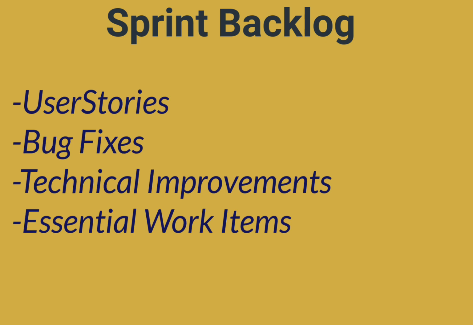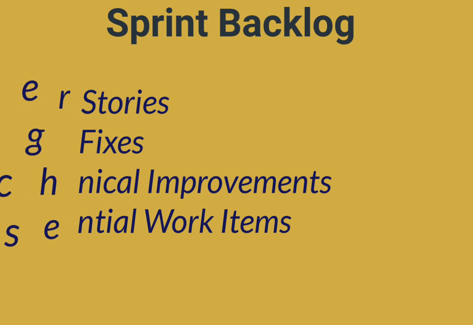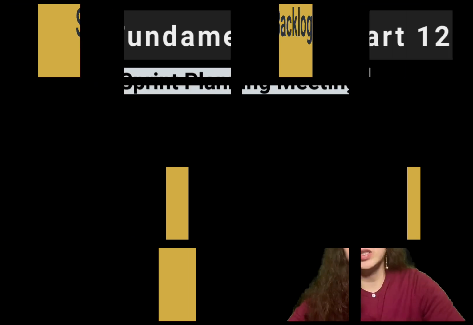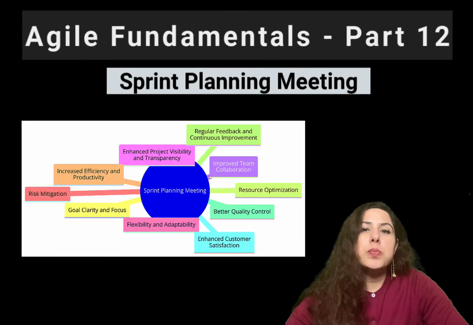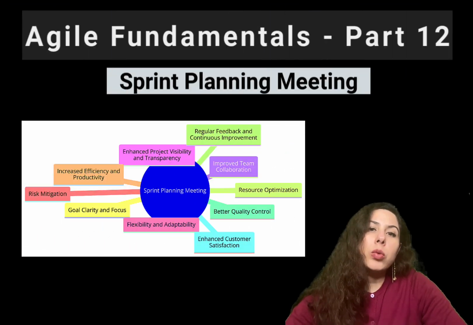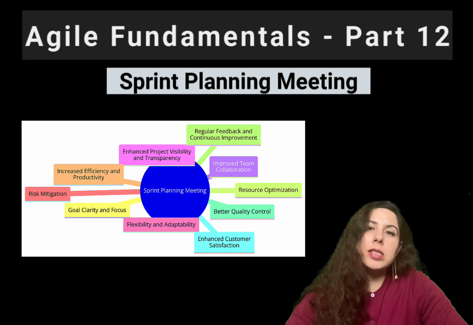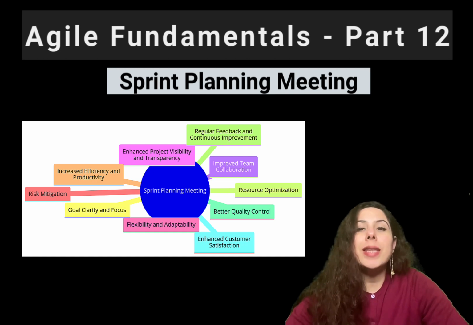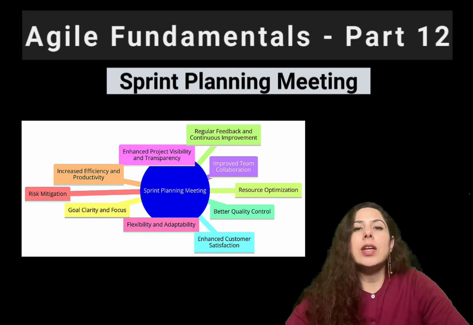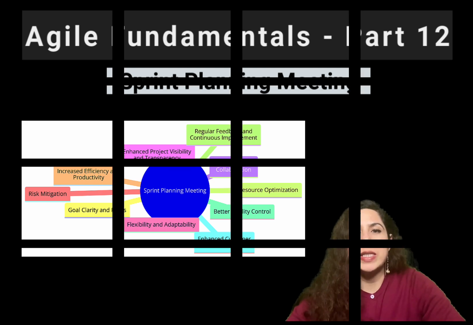It serves as a tool for tracking progress and facilitates seamless collaboration within the team. In essence, the sprint planning meeting is the foundation for a productive and focused sprint, aligning the team's efforts with the project's objectives. So with that, let's move ahead and see what is discussed in this meeting.